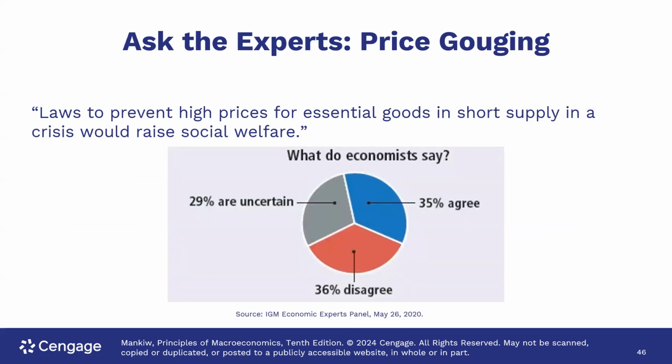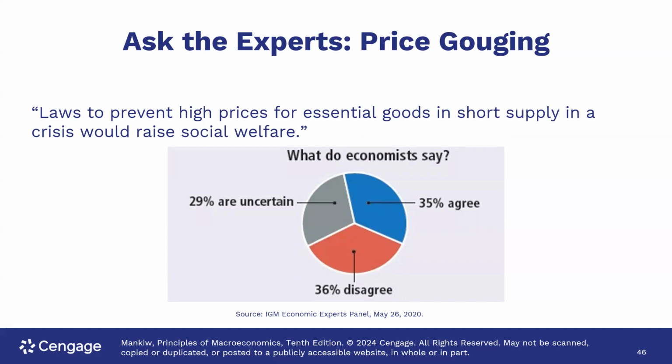All right. So here is a survey about price gouging. The laws to prevent high prices for essential goods in short supply in a crisis would raise social welfare. You will find that the economists' opinions diverge dramatically. About 1/3 of them agree with that, 1/3 disagree, and 1/3 feel uncertain.